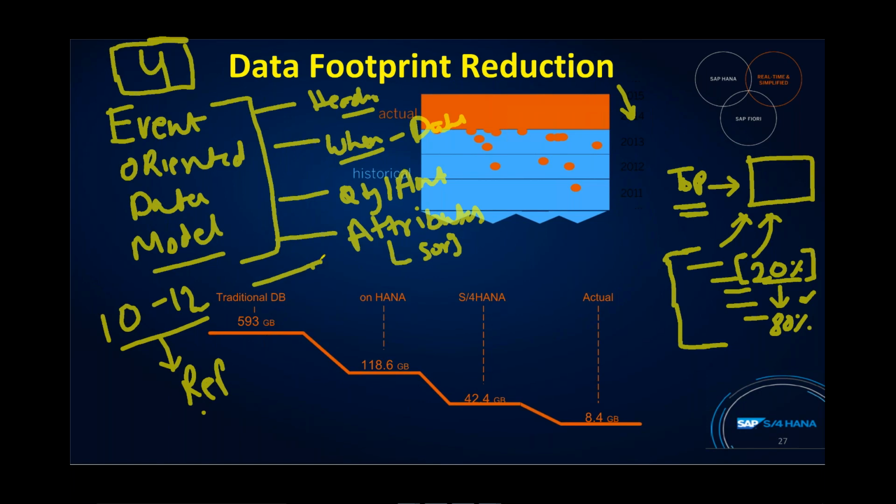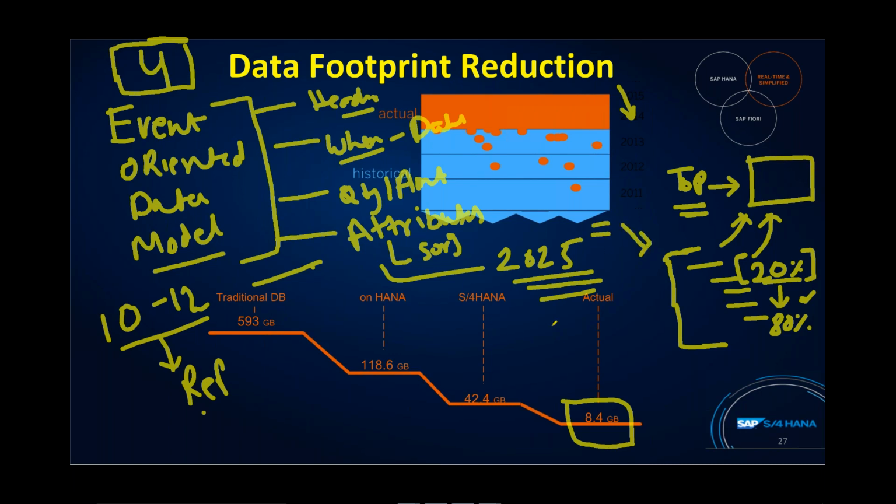In one of our Sapphires, we met the director from HANA, and she said that this is the model which SAP is also looking to adopt, but they will be going with this model to reduce the data further by 2025. So 2025 will have another simplification, another innovation in the data model, where the data model will be further simplified to adopt the event-oriented data model, which will reduce data further and reduce the count of tables further down.